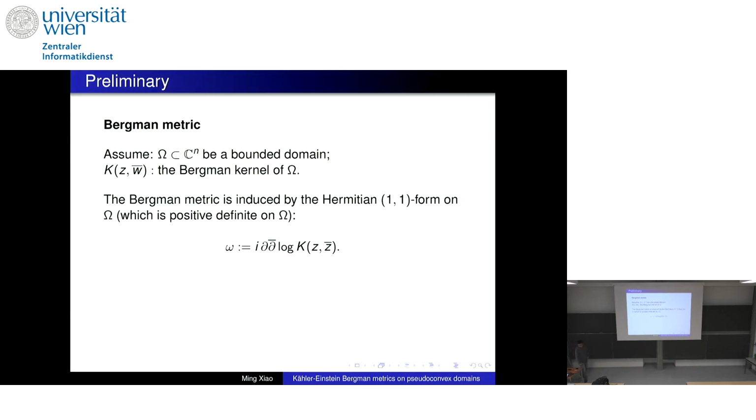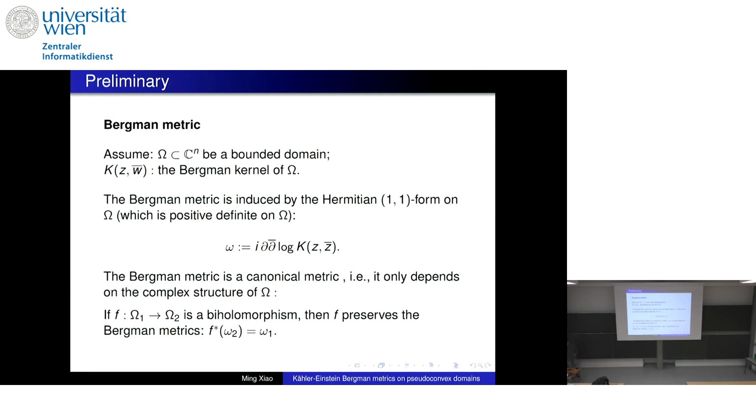Once we have the Bergman kernel, which we denote by K of the bounded domain omega, then we can define the Bergman metric in the following way. We take i partial-bar-partial log of the Bergman kernel, which is a Hermitian (1,1) form, because we assume the domain is bounded. As a result, this Hermitian (1,1) form will always be positive definite. So the induced metric is a metric.